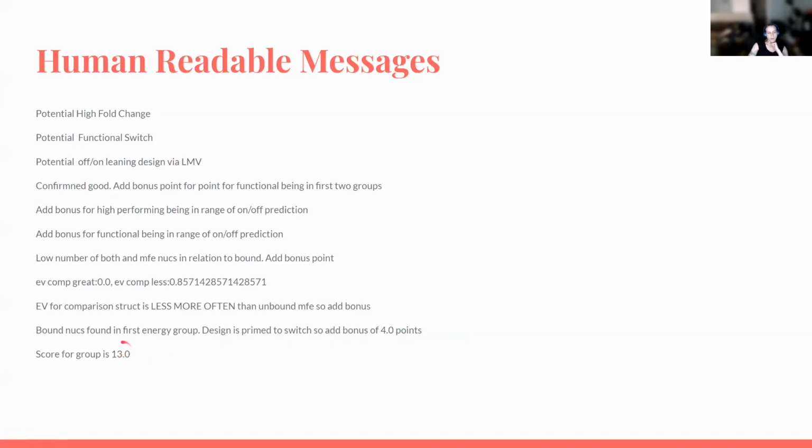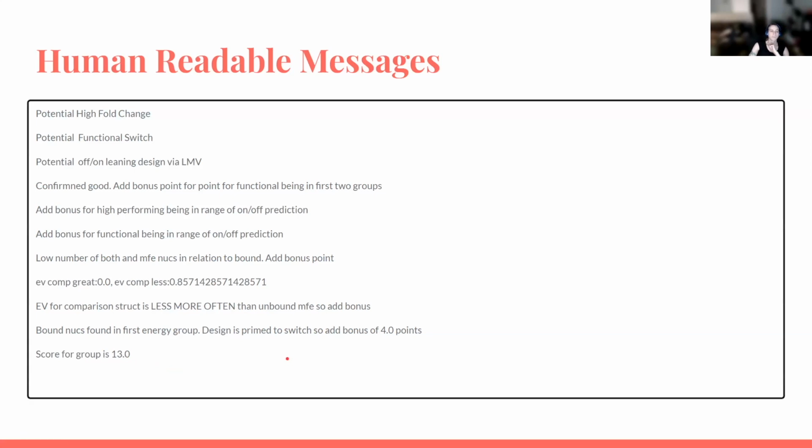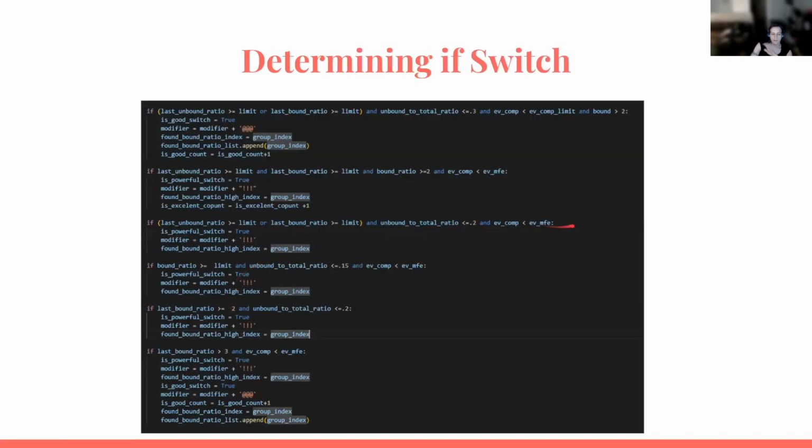This actually had a score of 13, which is extremely high, almost too high. This is what the code looks like where I make some of these decisions. The limits are hard coded right now, but the next stage is to turn this into machine learning. That's the ultimate goal of Sarah, to be AI.